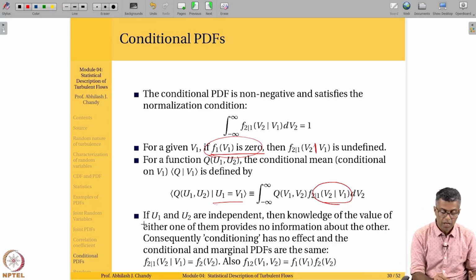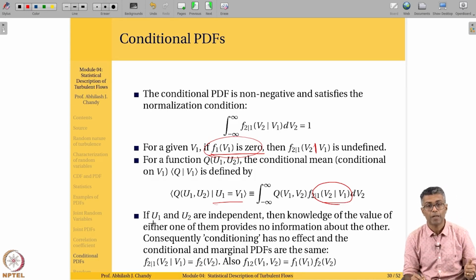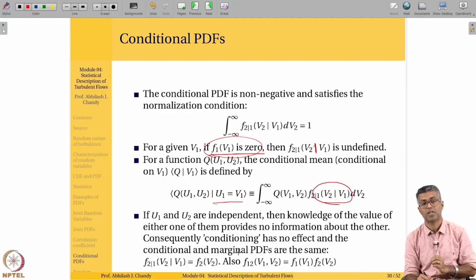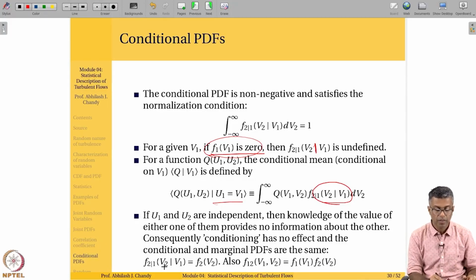Another point is, if U1 and U2 are independent, then knowledge of the value of either one of them provides no information about the other. Consequently, conditioning has no effect and the conditional marginal PDFs are the same if they are completely independent of each other.